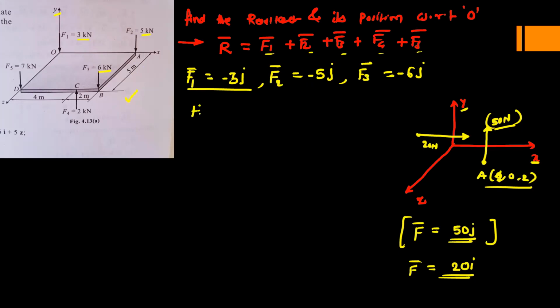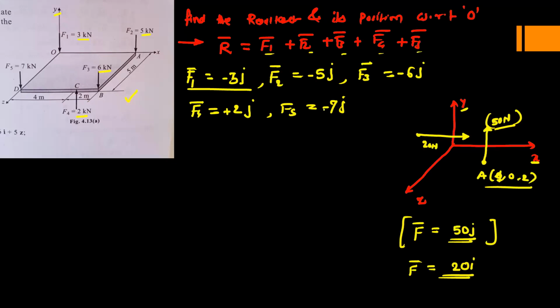Next F4, so F4 is 2 kilonewton. It is parallel to y-axis, so unit vector j, and it is positive y direction, so it is plus 2j, and F5 is equal to -7j. Okay, so now we have represented all the given forces in vector form.